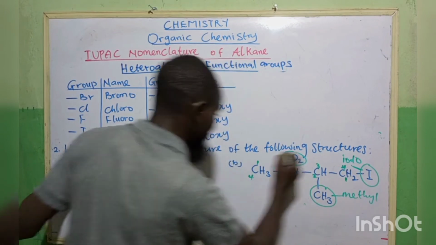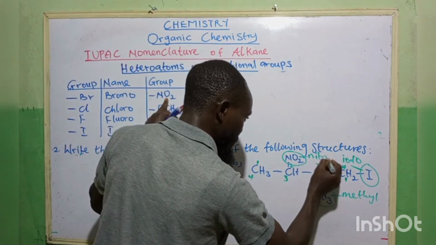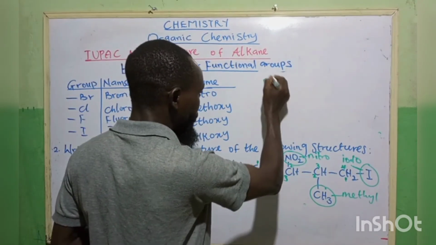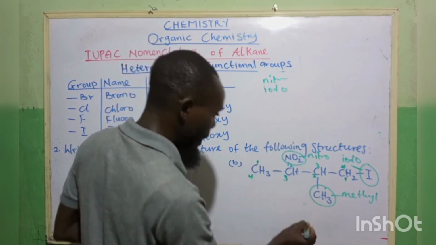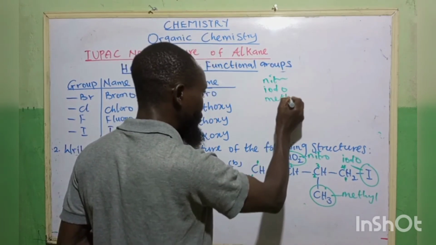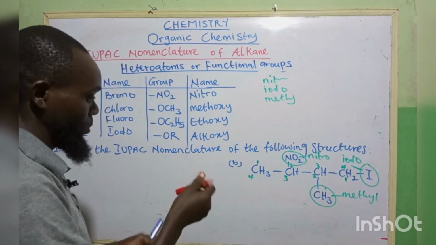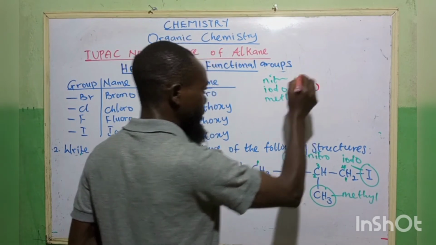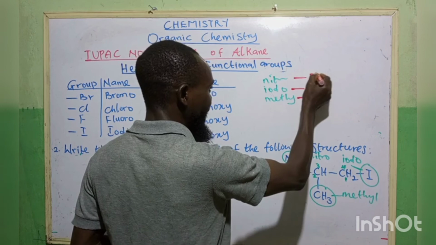We didn't count this. NO2. That is nitro. Now, from the alphabet, we have nitro, we have iodo, we have methyl. Now let's look at which one will come first in the alphabet. So I will come first, followed by M, followed by N.